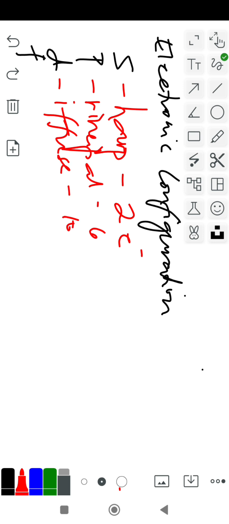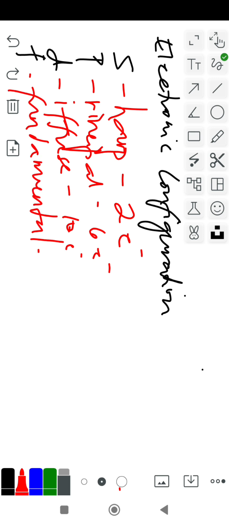We have here 10 electrons. And the last one is the fundamental, which can hold 14 electrons. So you must always remember this S, P, D, and F. These are the different things that you should know in electronic configuration.